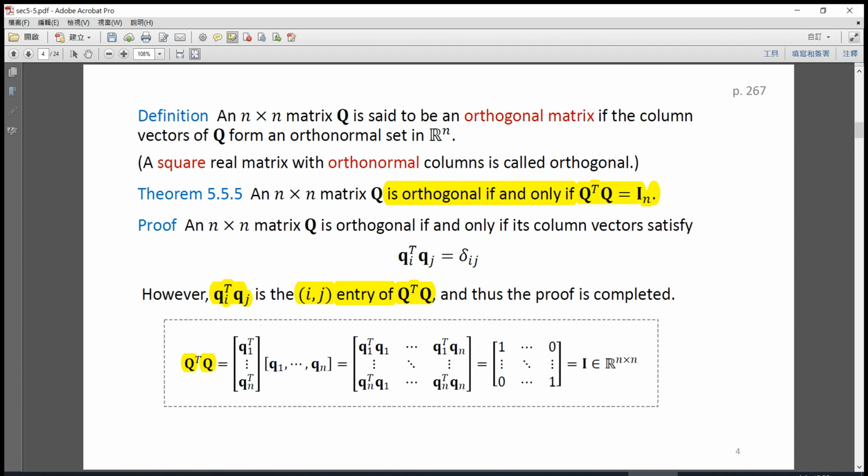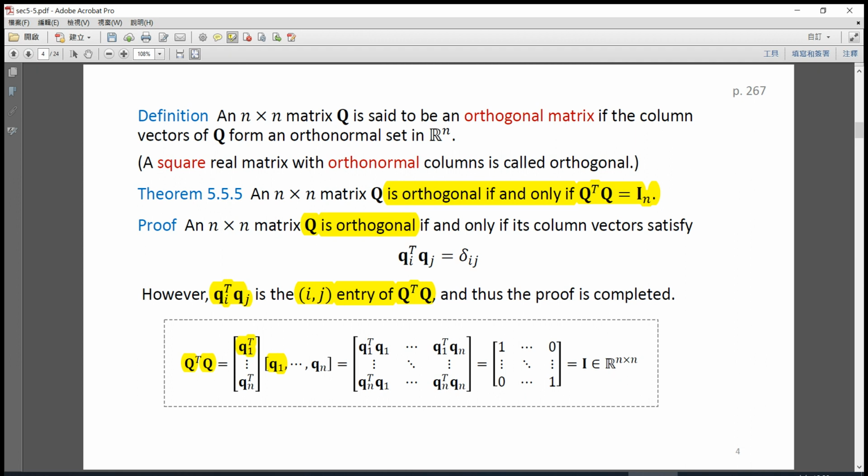For example, the 1,1 entry of Q transpose Q is the first row of Q transpose times the first column of matrix Q, and hence Q1 transpose Q1 is the 1,1 entry of Q transpose Q. Now suppose Q is orthogonal, that is, column vectors of Q form an orthonormal set.